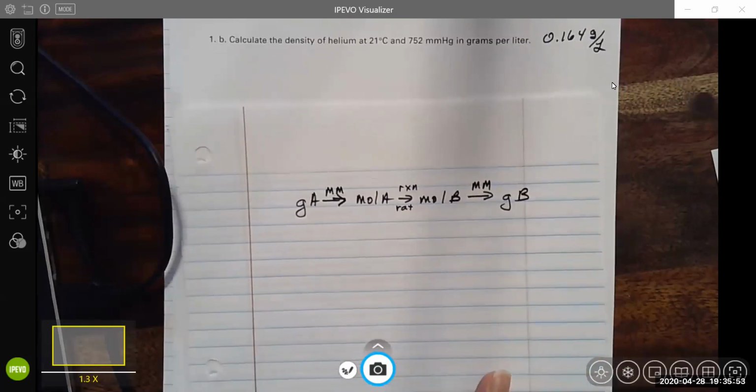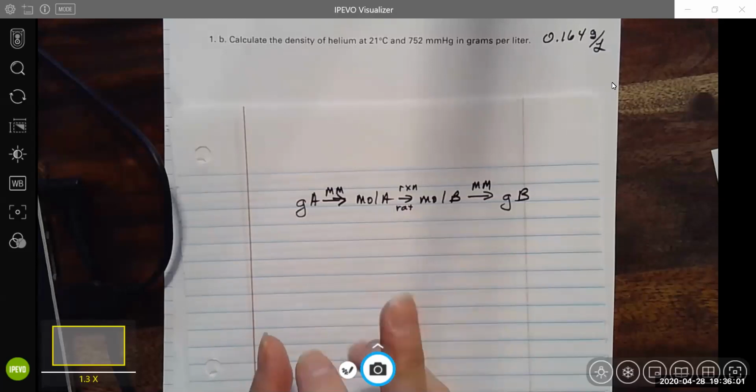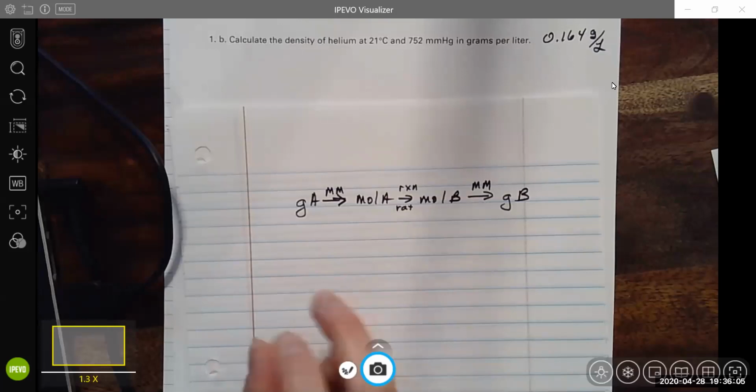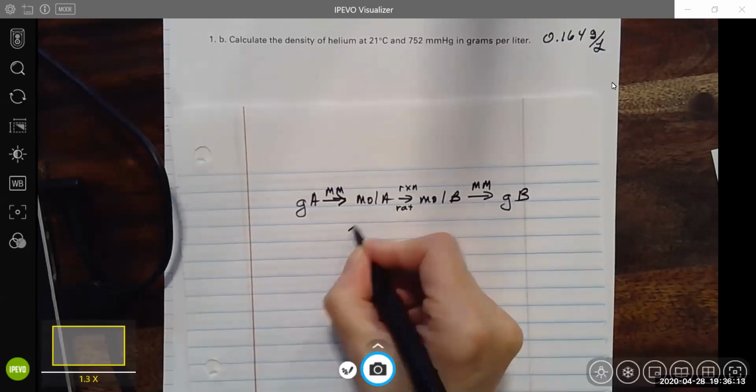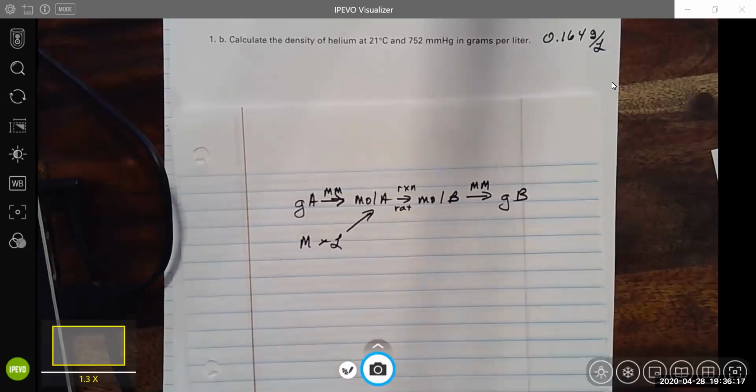We also said that sometimes the grams works really well if you have something that's pure. It could be solid, liquid, or gas, but it's generally something that's not mixed with a whole bunch of other things. If you have a mixture, then a lot of times you have a solution. And in a solution, the way we get to moles is with molarity times liters.